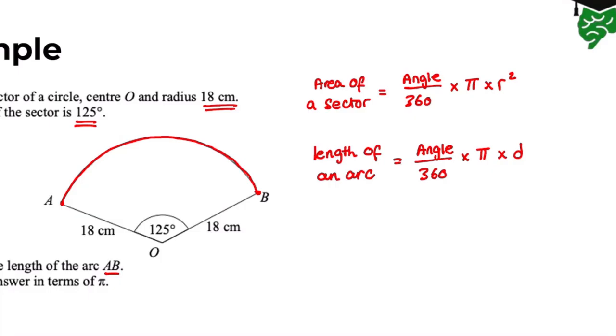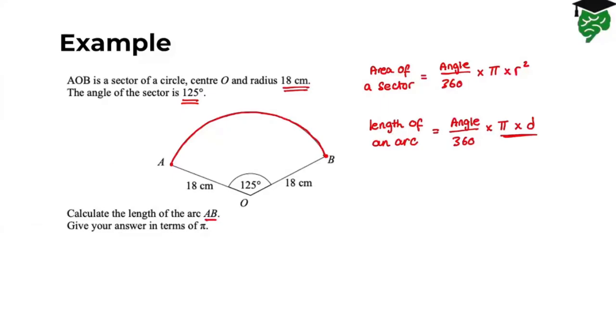When we're working out the length of the arc, we're basically working out the perimeter of this arc. So we have angle over 360 multiplied by how you would work out the circumference of a circle, pi times diameter. In this case, when you're given the radius, to get the diameter you have to double it. So if the radius is 18 centimeters, the diameter is going to be 36 centimeters.